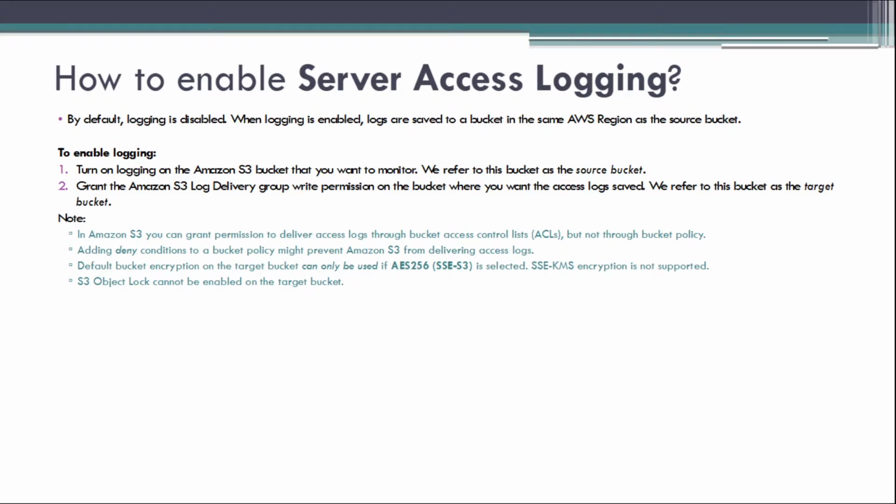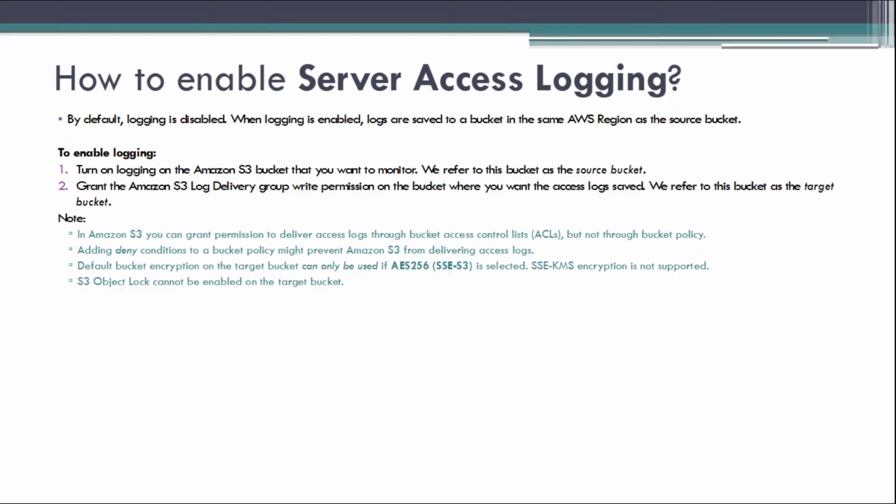There is a note: in Amazon S3 you can grant permission to deliver access logs through a bucket access control list, ACL, but not through a bucket policy. So you can grant permission to the log delivery group with the help of ACL only. You cannot use a bucket policy.